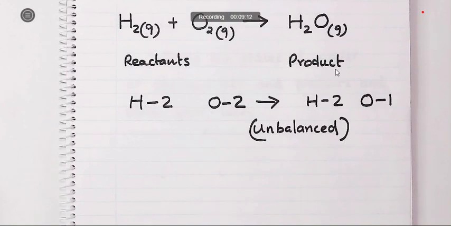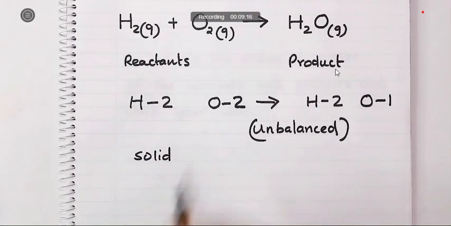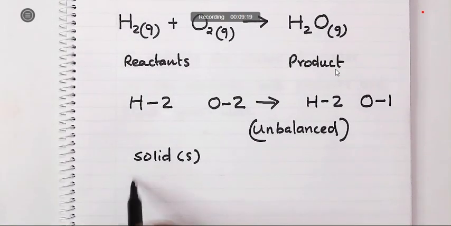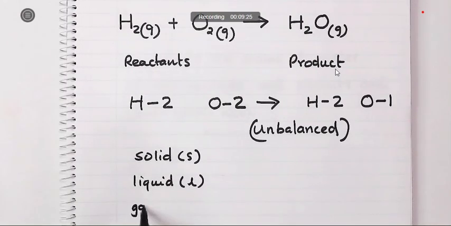Let me write here: the first one is solid, and we use the letter S for solid. The second one is liquid, and we use L for liquid. The third one is gas, and G stands for gas.